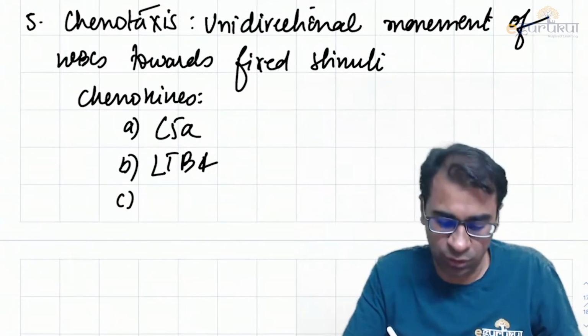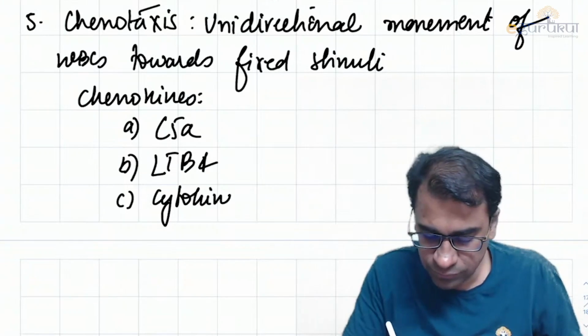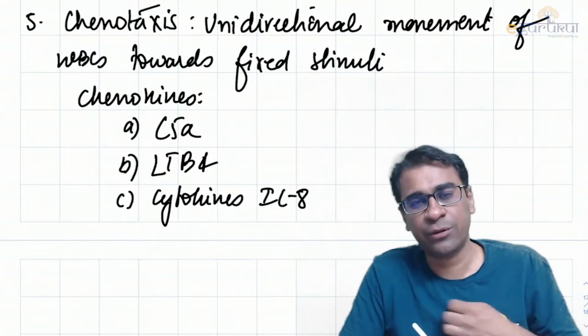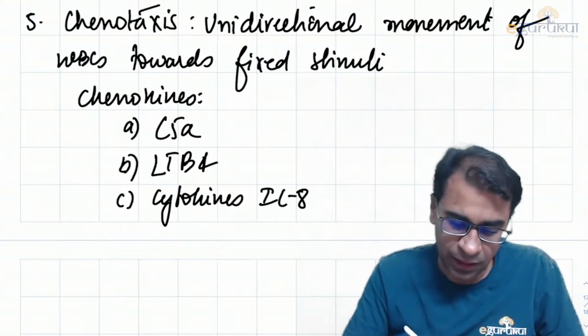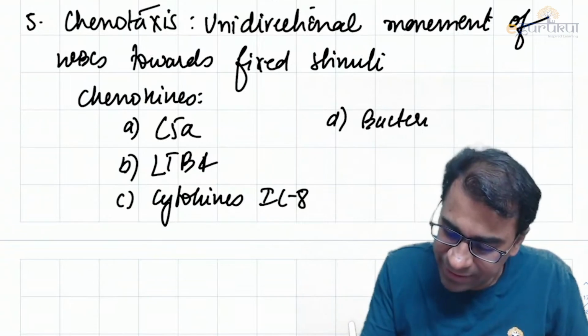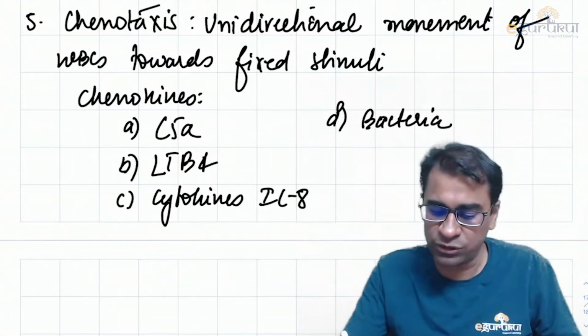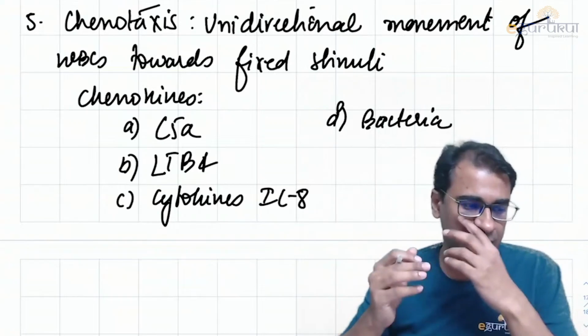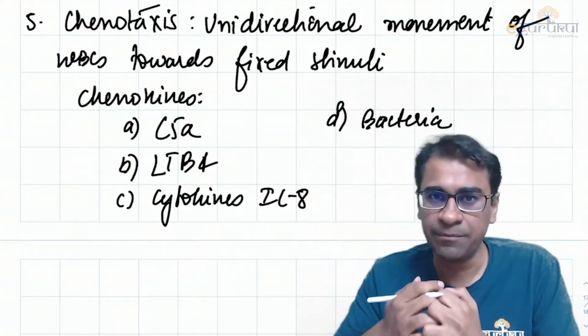And remember, there are also cytokines, that is interleukin 8. Apart from this, even bacteria can also act as a chemokine because bacteria also attract the cells towards them.